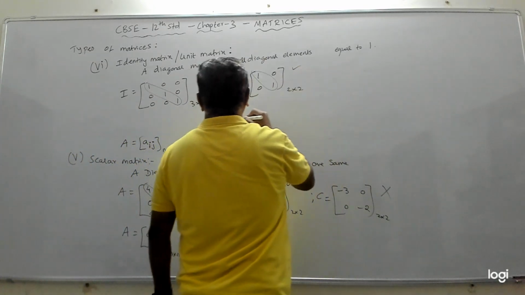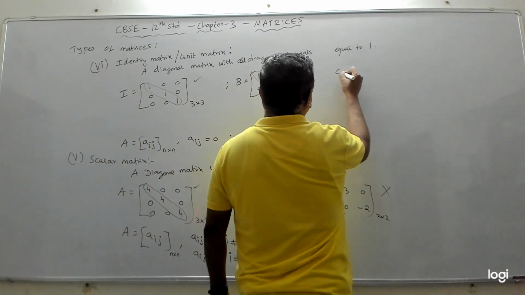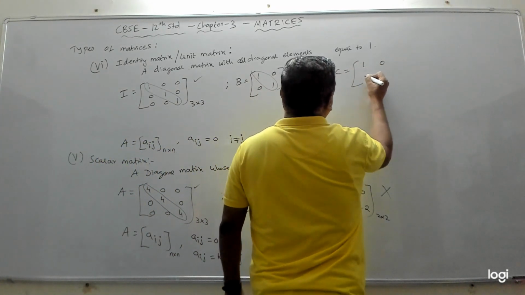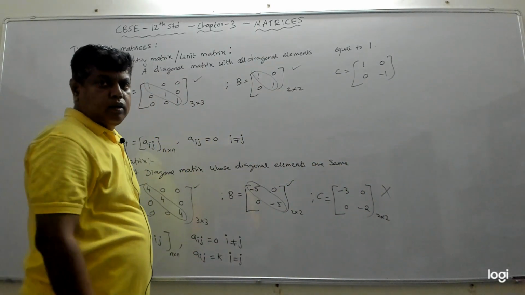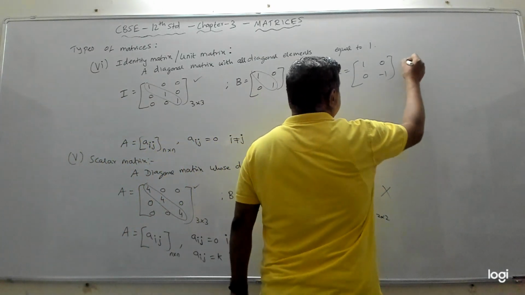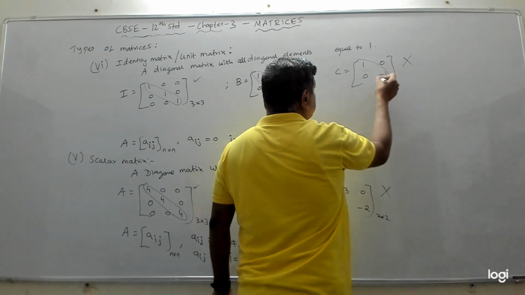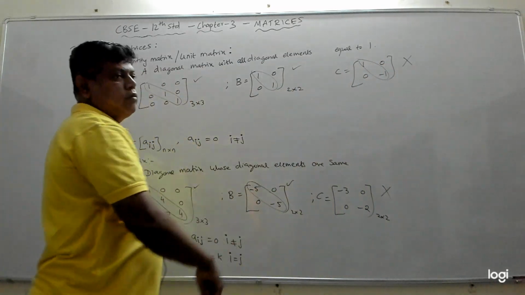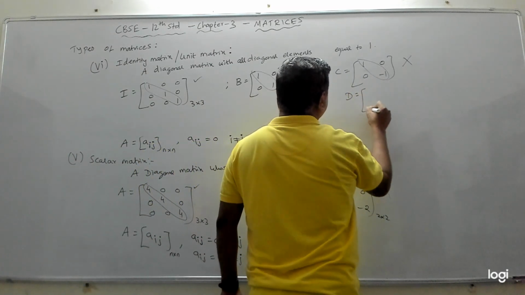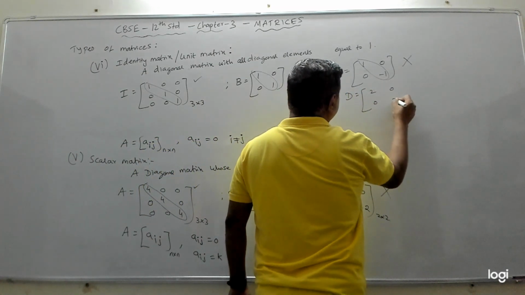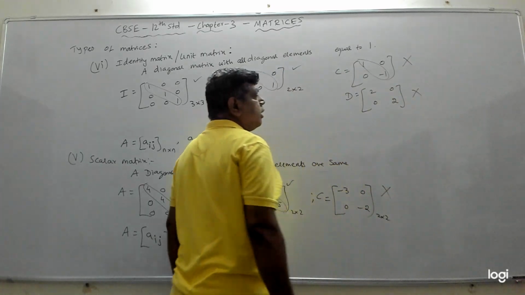Suppose I take 1 0, 0 minus 1, it is not an identity matrix, because all the diagonal elements should be equal to 1. Even if I take another example D equal to 2 0, 0 2, it is also not an identity matrix.